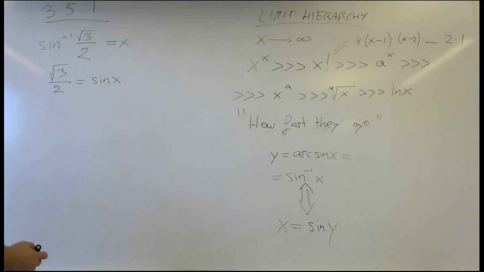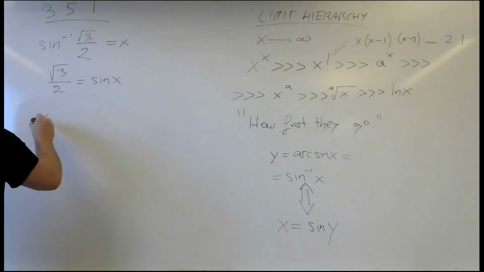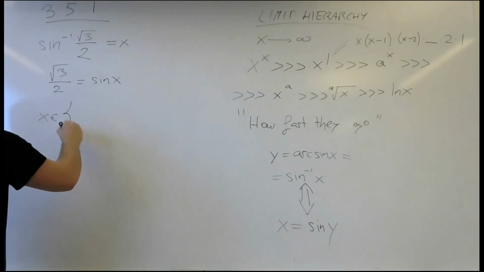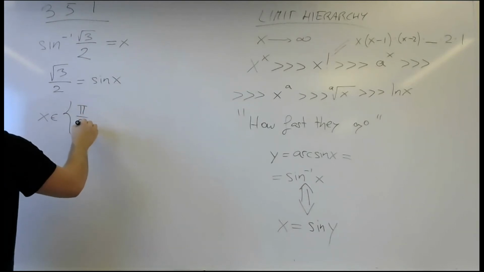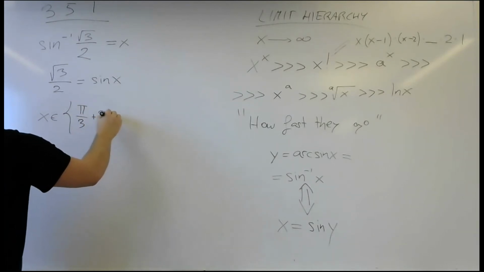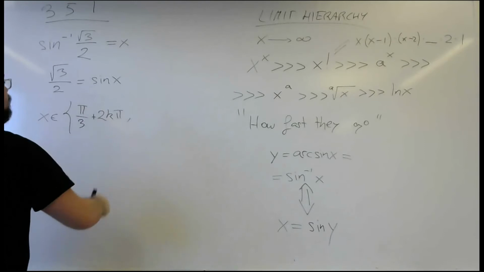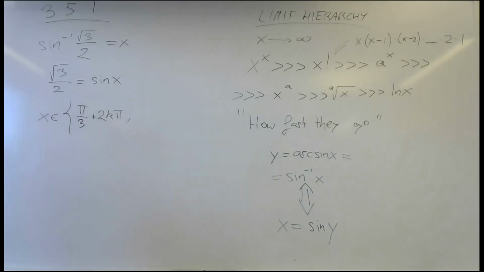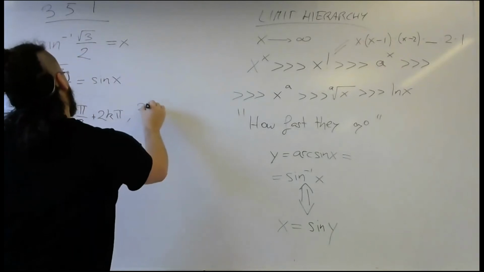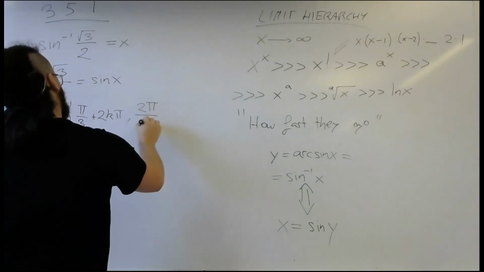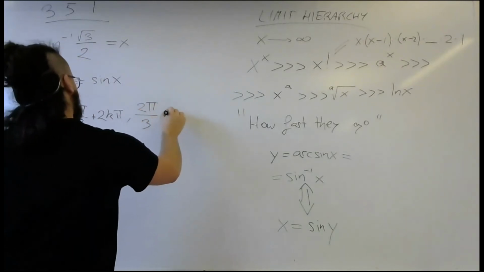Fair enough. I'm going to give you the full set of solutions. This can be pi thirds, but there's another angle that has sine equal to square root of 3/2, and that's 2 pi thirds.